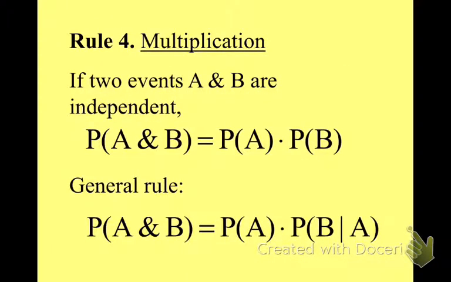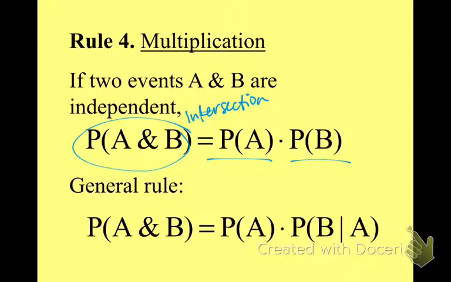So there are rules for multiplication. If you have independent events, in order to find their intersection, you take the probability of A times the probability of B. So let's say the example was, what is the probability of drawing two clubs in a row with replacement?